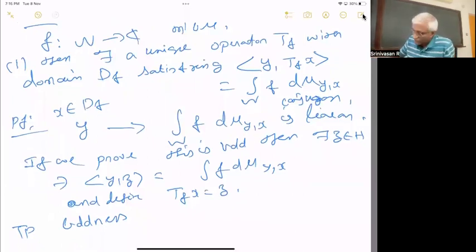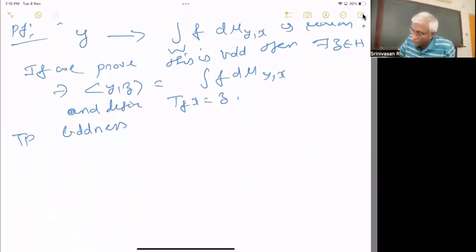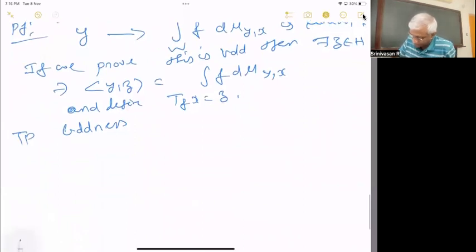Okay. So to prove boundedness, we claim the following.